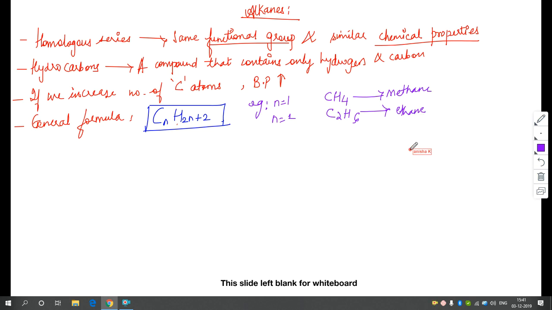Alkane molecules can be represented by a displayed formula, in which the atoms are shown by the symbols C and H, and a covalent bond between them is formed by a straight line.